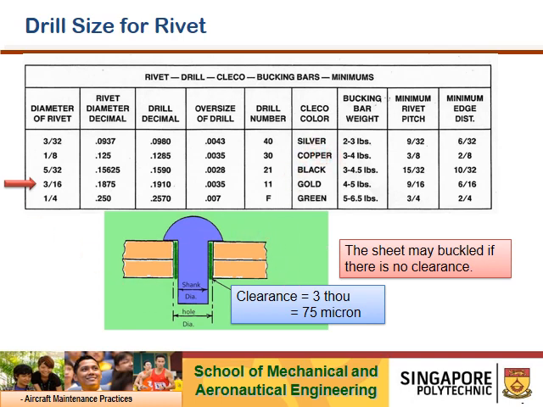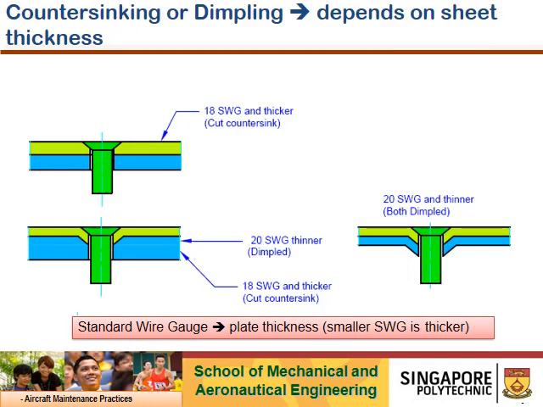Okay, so let's move on. This is meant for flush head rivet installation, MS20426 types of rivets. When you install flush type rivets, the reason is that it does not have any protrusion, so it reduces drag on the aircraft.